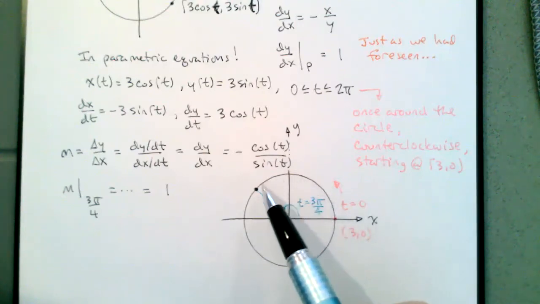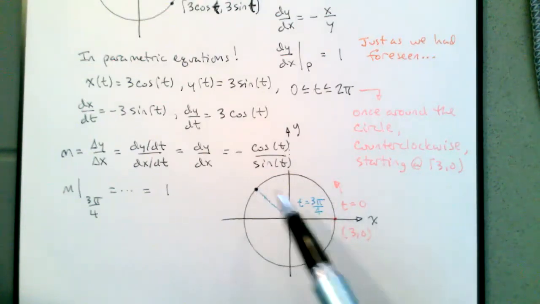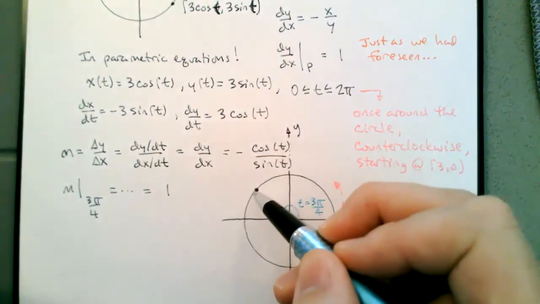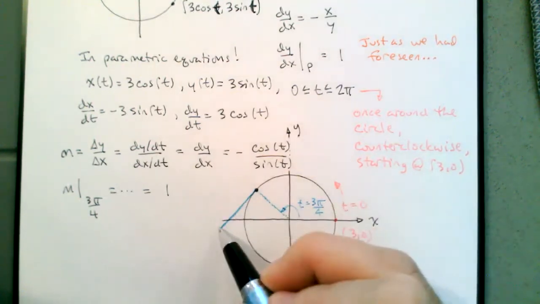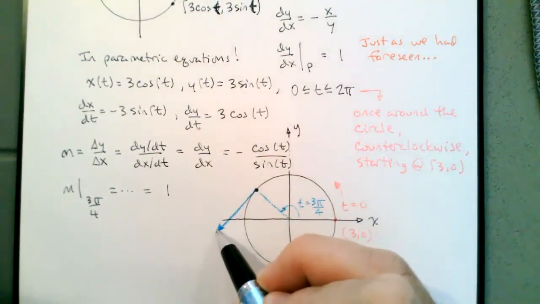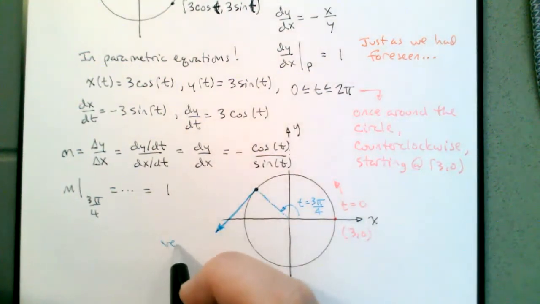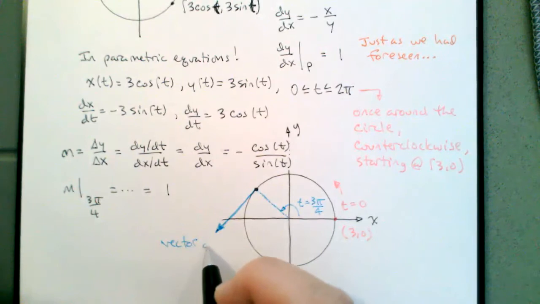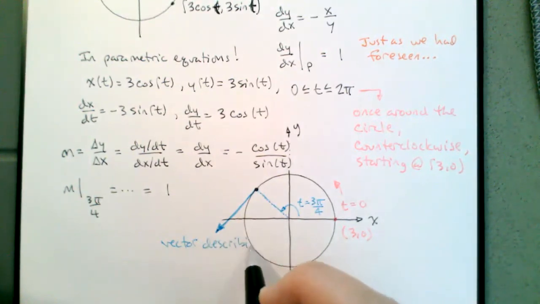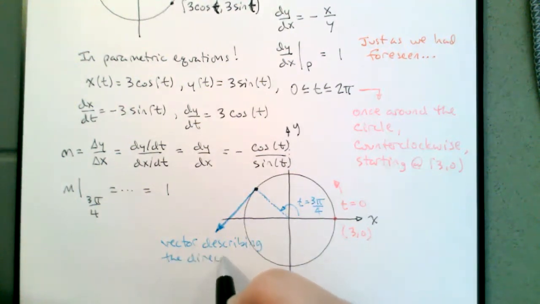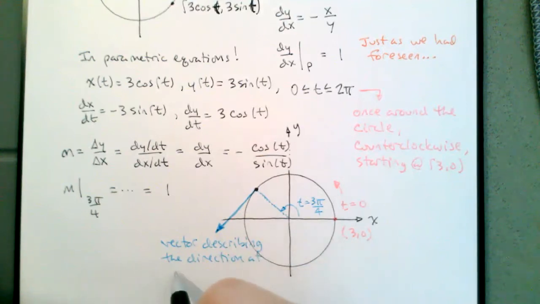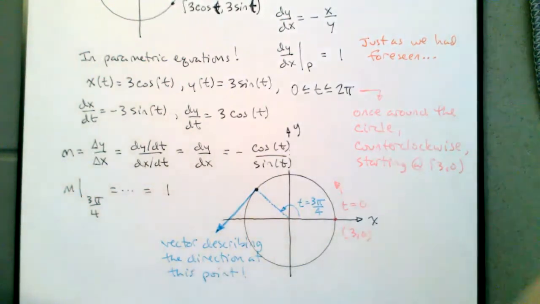So if we're running around the circle and this is the point where we leave the track, we know the direction that we're going, and we'll describe that with x and y coordinates. We want to use a vector to describe the direction at that point.